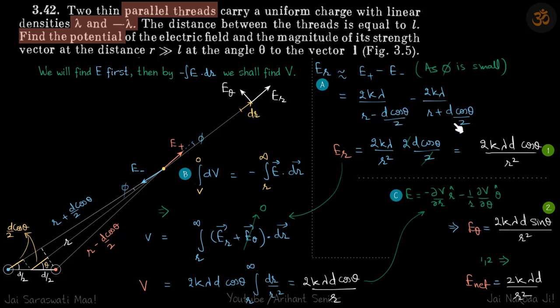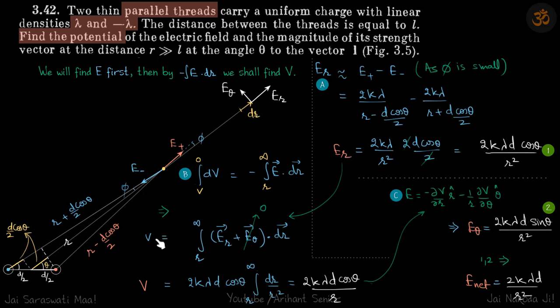And in the numerator we will have d cos theta by 2, and d cos theta by 2 will get added up, and we'll get 2k lambda d cos theta by r square. You just solve it, you will get this. So this is our E radial.